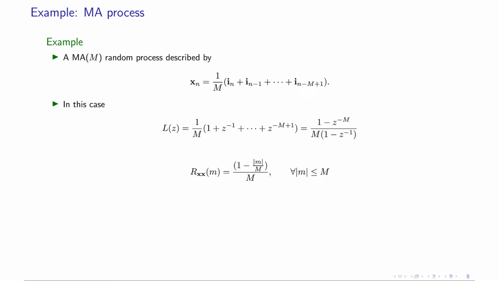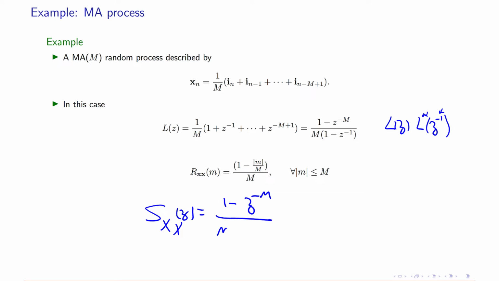Now if you calculate L of Z and you multiply L of Z by the L conjugate of Z to the minus 1, conjugate, from here you get the power spectral density Sx of Z: 1 minus Z to the minus M, divided by M times 1 minus Z to the minus 1.